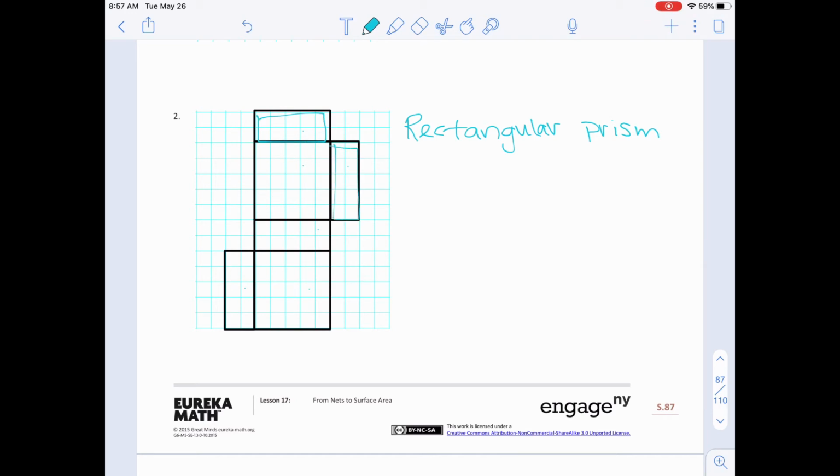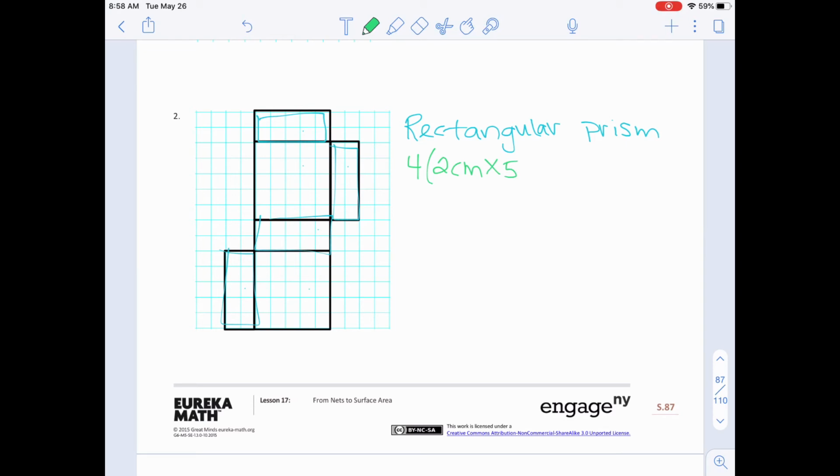We have 1, 2, 3, 4 rectangles that are all 2 by 1, 2, 3, 4, 5. So we have 4 rectangles, so I'm multiplying them by 4, and they are all 2 centimeters times 5 centimeters.